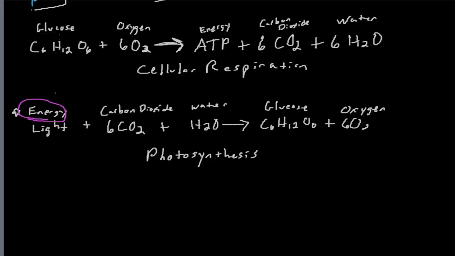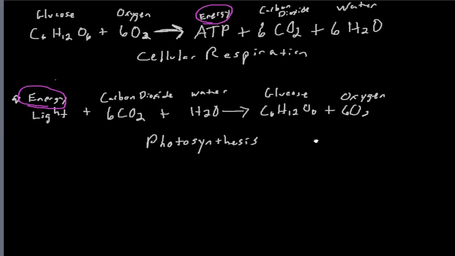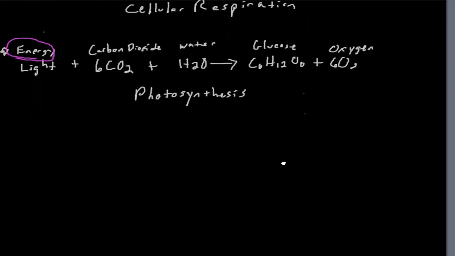And then when animals eat the plants, the glucose and oxygen are broken back down into a different kind of energy, ATP, that their body uses. But where does this energy ultimately come from? Well, it came from the sunlight that was used in photosynthesis by the plant. So all these are tied together. And you need to be aware of both of these.